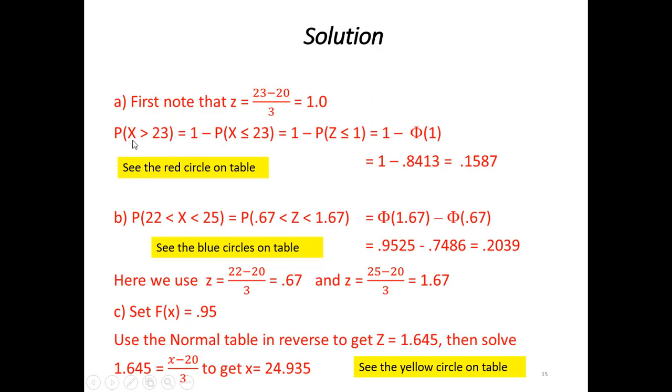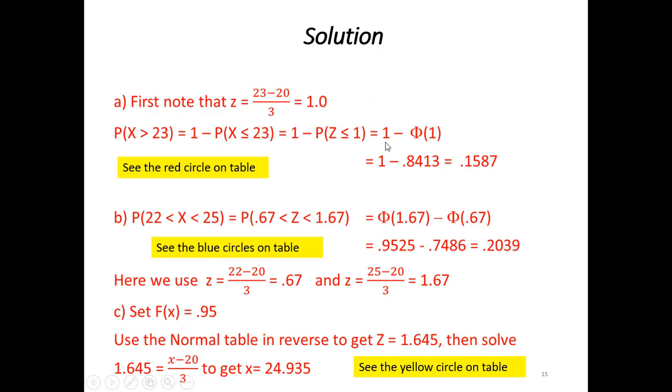So the probability x is greater than 23. We notice that's a greater than, so we look at the complement. 1 minus the probability x is less than or equal to 23. Express this in terms of our z value. 1 minus the probability z is less than or equal to 1.